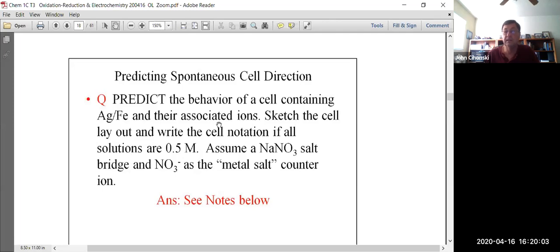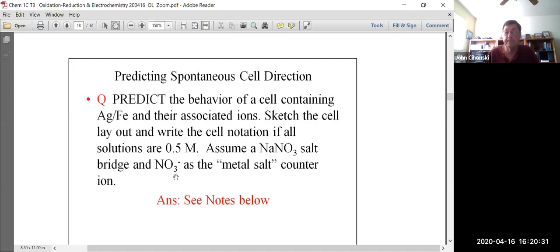Now, what we would like to do is be able to determine what is the spontaneous direction and then sketch the cell layout so that we could say this is how we would build it in the lab. And then we would put in notation to let everyone know that the solutions are all 0.5 molar and that we have a sodium nitrate salt bridge.